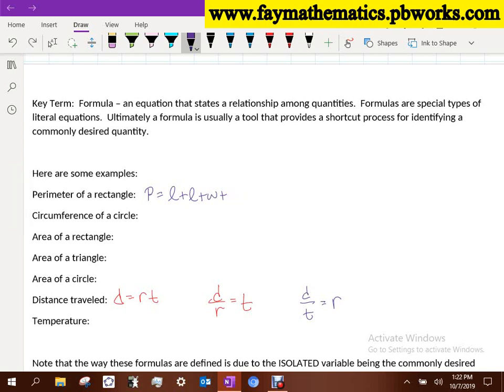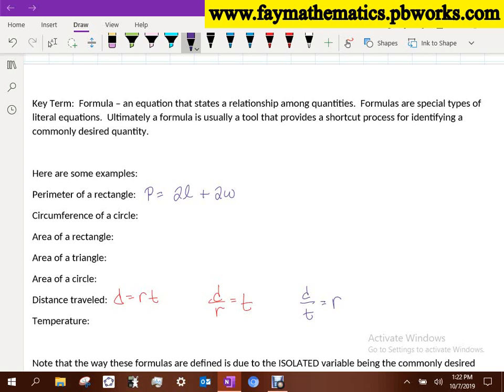L plus L. So that is written as 2L, right? And W plus W is 2W. That's the way that we write that formula for the perimeter of a rectangle, right? 2 lengths plus 2 W's. Irrefutable. Nobody can argue that.